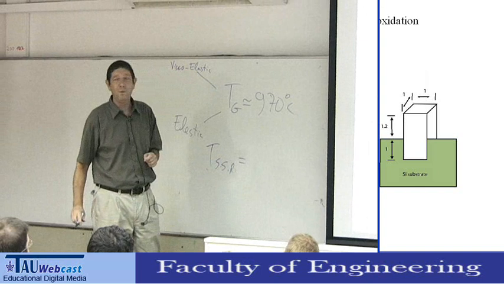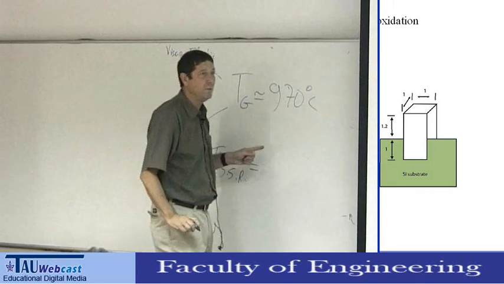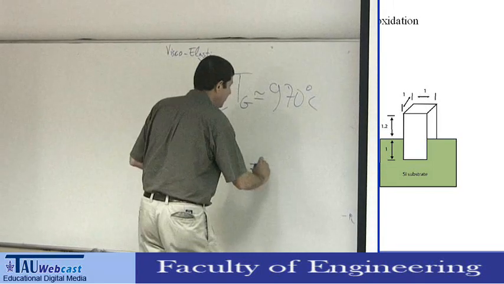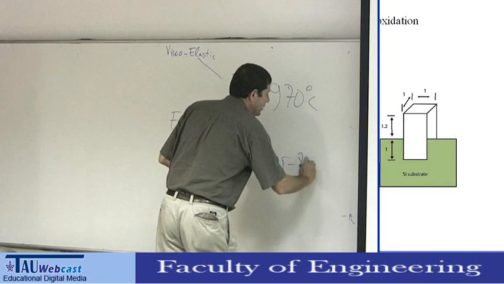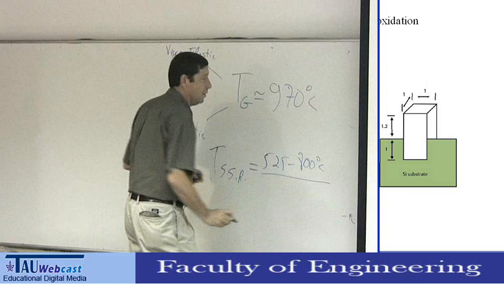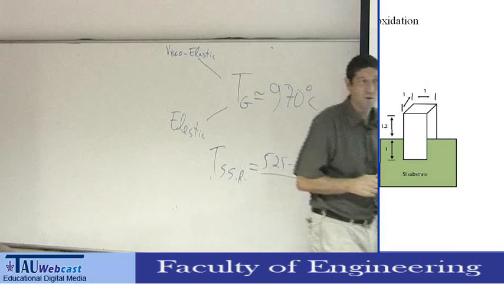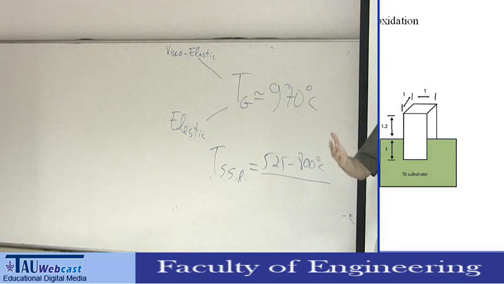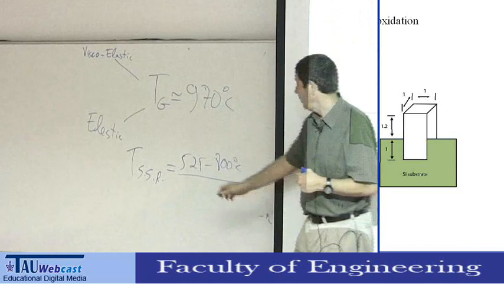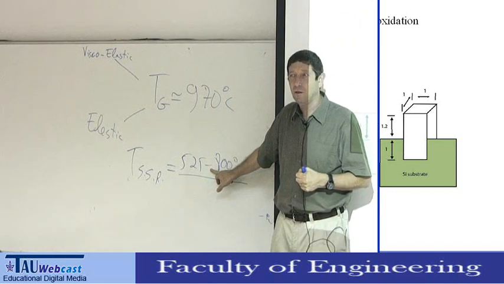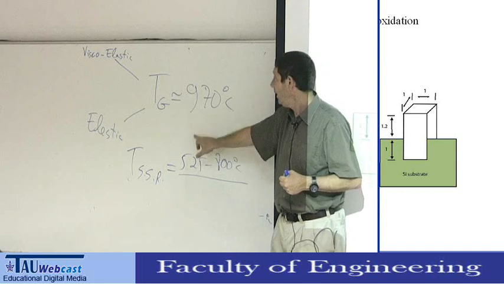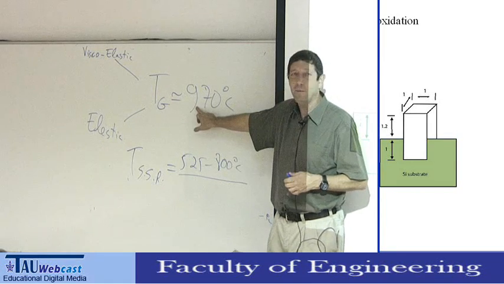You can have complete solid state recrystallization in silicon at a temperature between 525 to 800 degrees Celsius. When you do ion implantation, you cause a lot of damage, but you can cure the damage when you anneal at 800 degrees Celsius. So annealing is below the glass temperature.